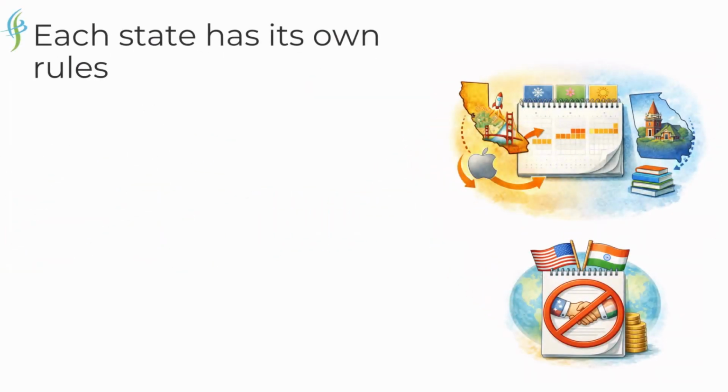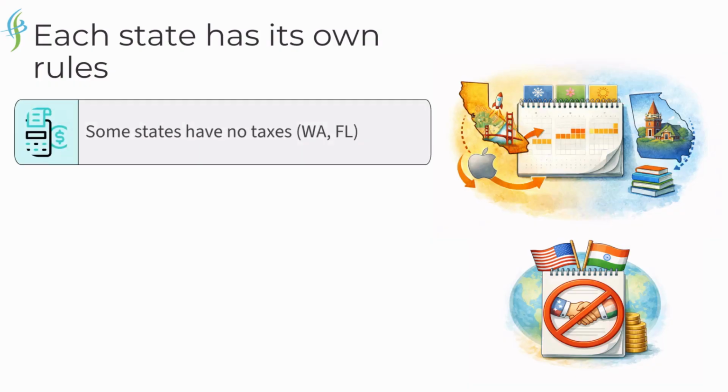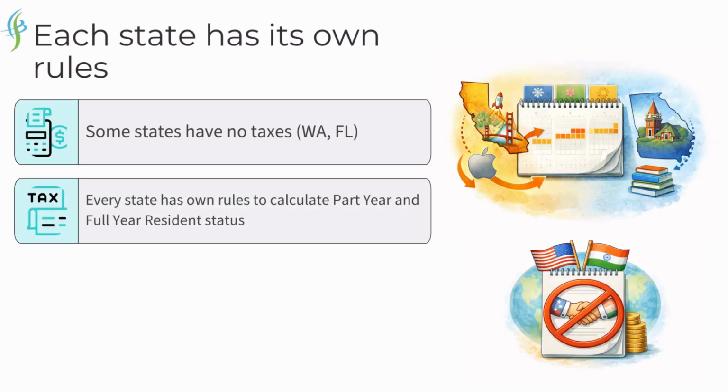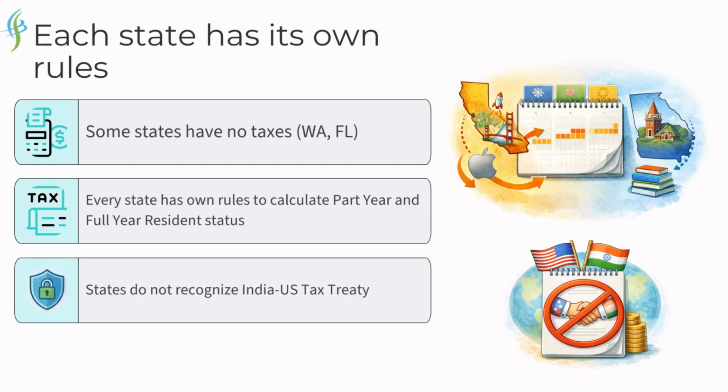Now, each state has its own tax rules. US has 50 states and some of these states do not have any tax at all. Others may have their own residency status. And most US states do not recognize the India-US tax treaty. So basically, in order to be compliant with your state taxes, you will have to look at the rules of the state where you are staying as well as where you are earning income.